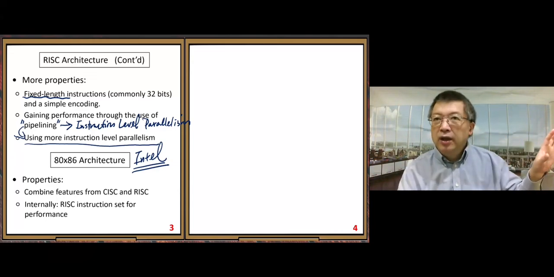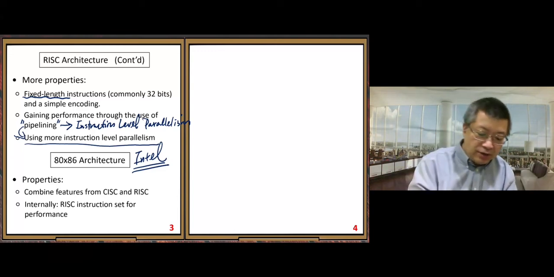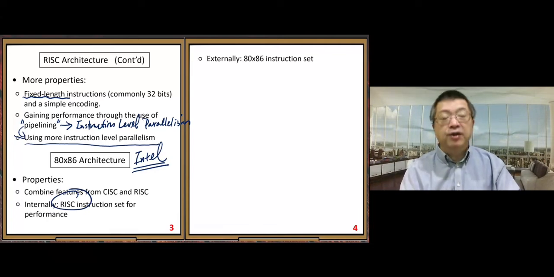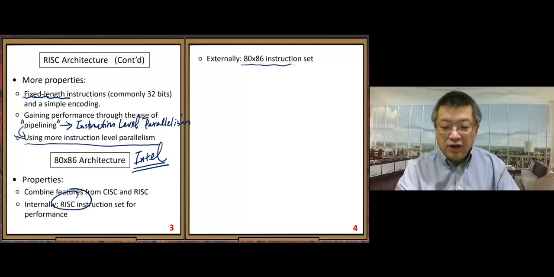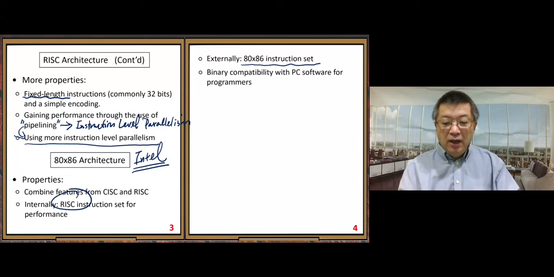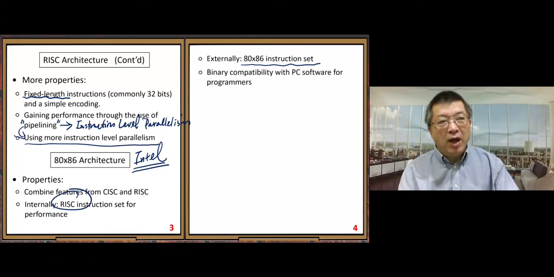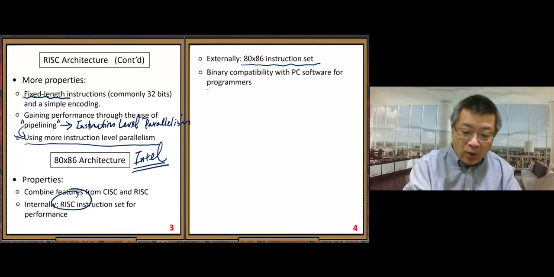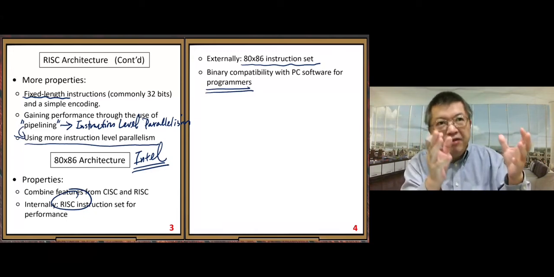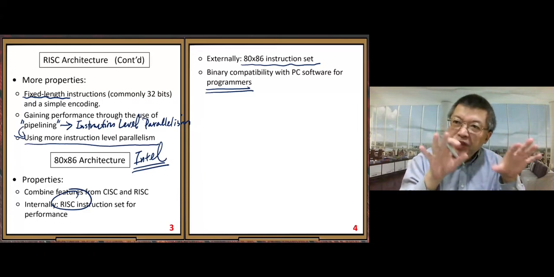Internally, in order to get faster performance, they use the RISC architecture. But externally, it is different. Externally, they use their special instruction set, with binary compatibility with PC software for programmers. You can see why they do that: they want to make the programmer's life easier and provide a convenient interface.